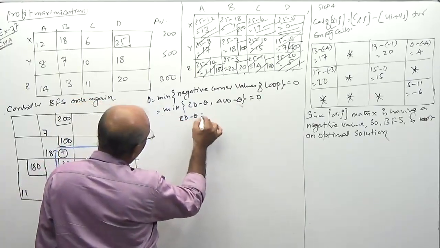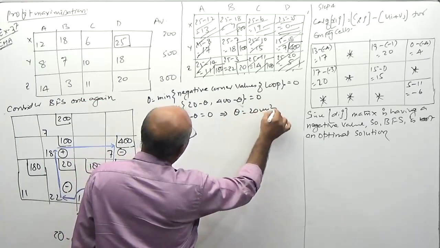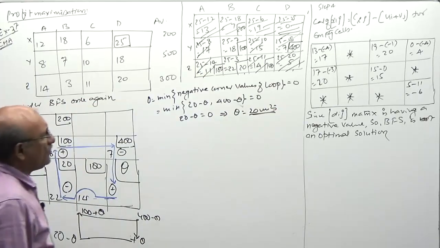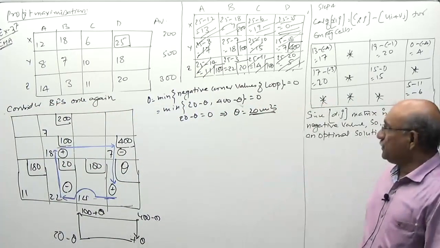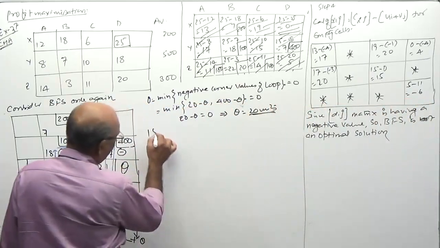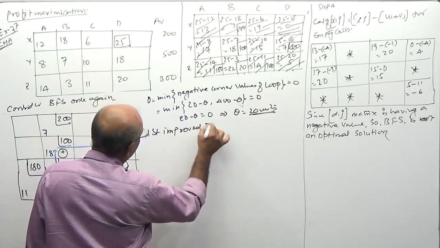So 20 minus theta is equal to 0, which implies theta is equal to 20 units. So you will get the first improved BFS.